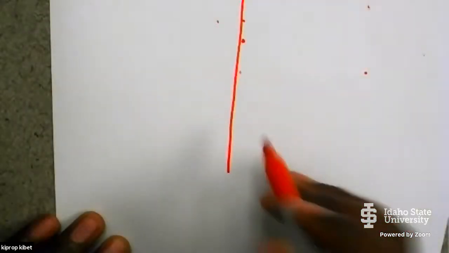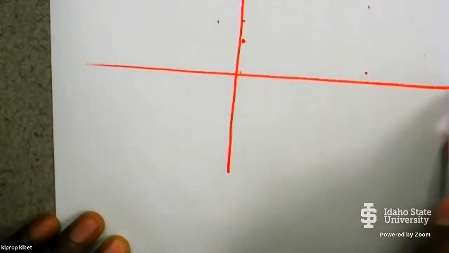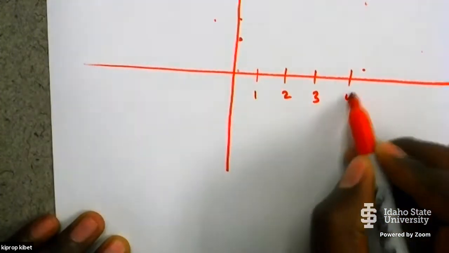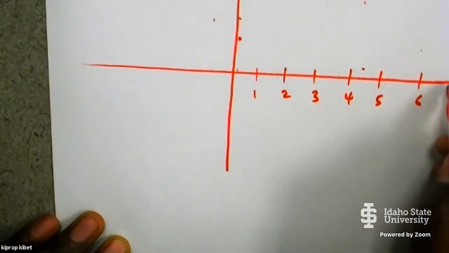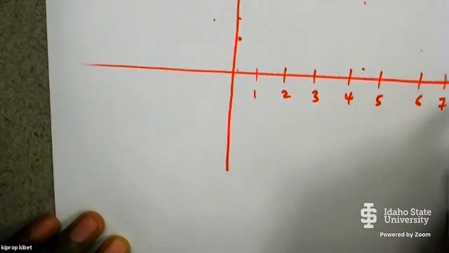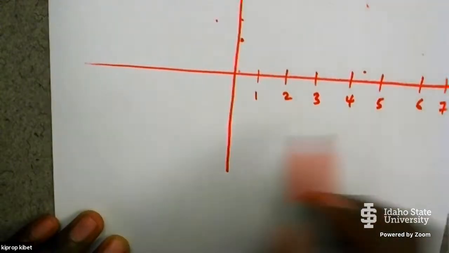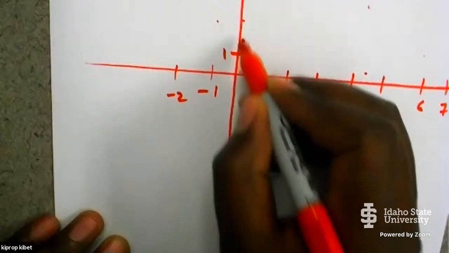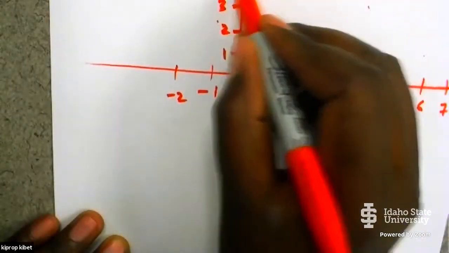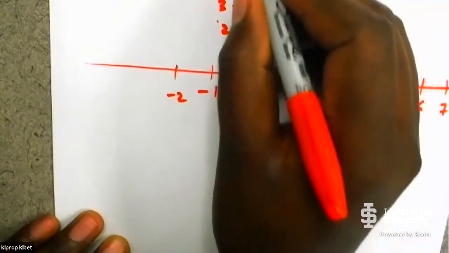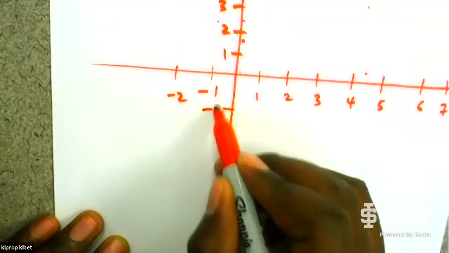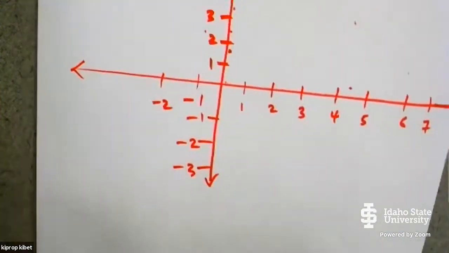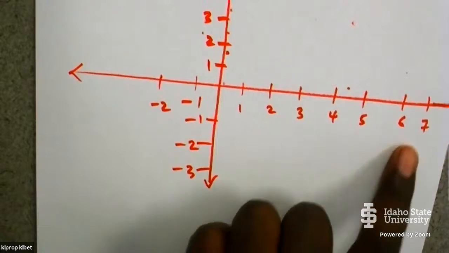So this one. Then 1, 2, 3. Okay, so we have the point (6, 1).